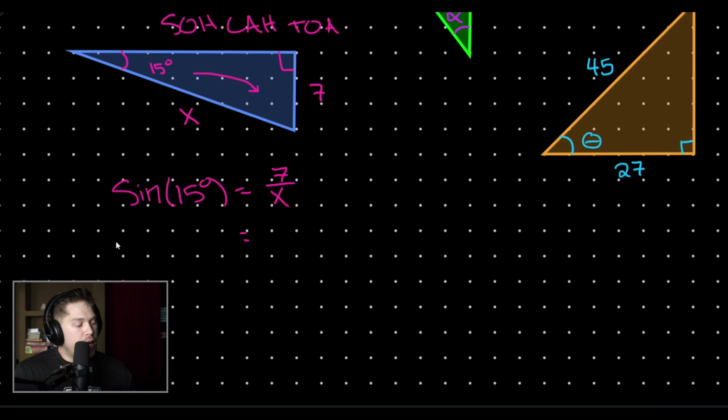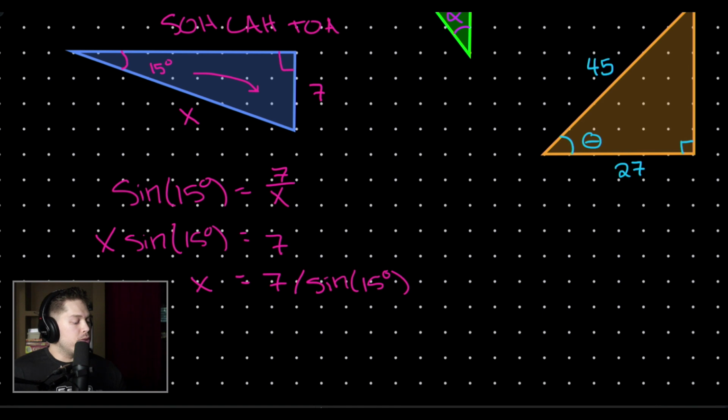So we can multiply both sides by x to get x times sine of 15 degrees is equal to 7, and then we can divide both sides by sine of 15 to have x equal to 7 divided by sine of 15.